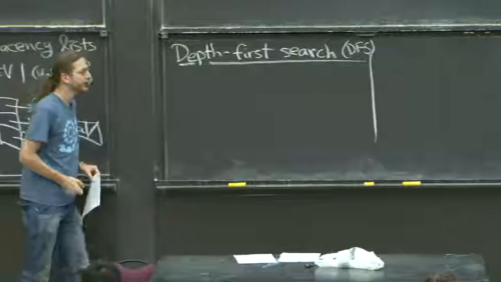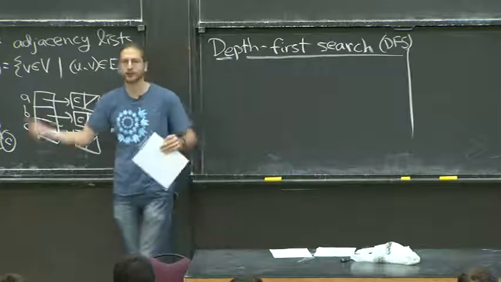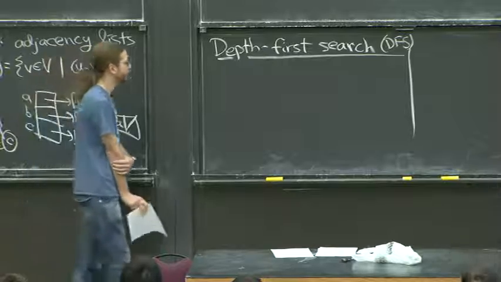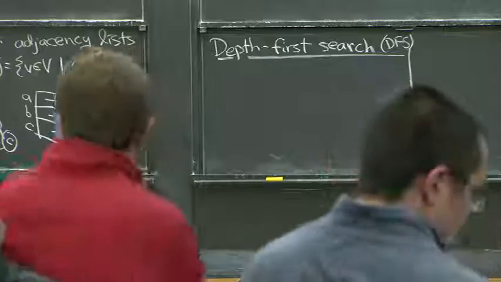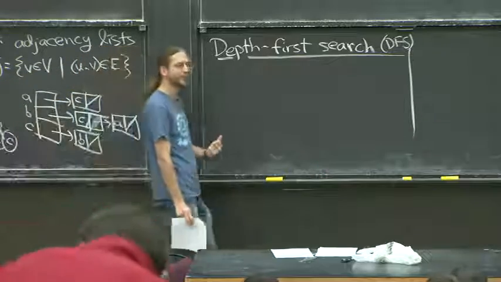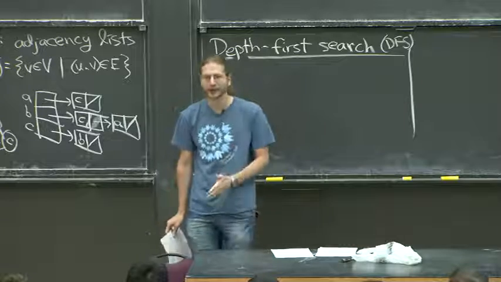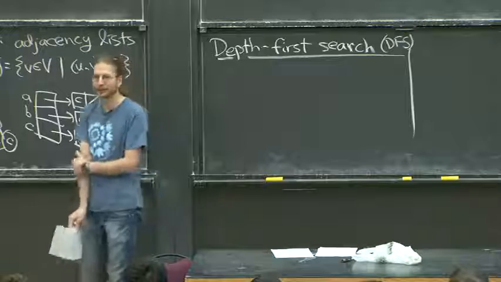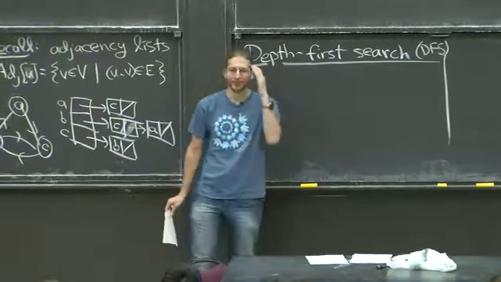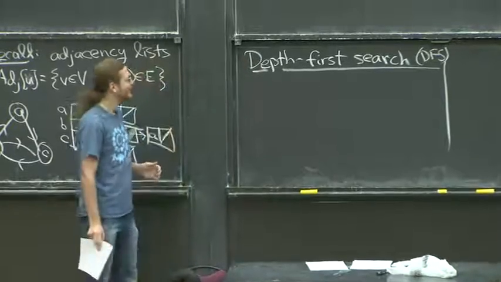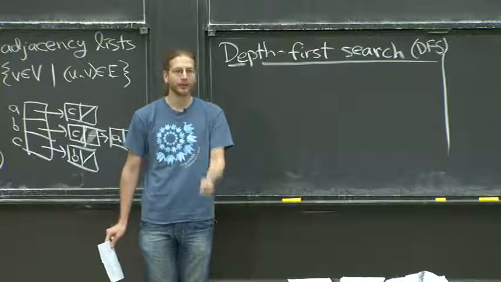So depth first search is kind of like how you solve a maze. Like the other weekend I was at Big Corn Maze in central Massachusetts, and it's easy to get lost in there, in particular because I didn't bring any breadcrumbs. The proper way to solve a maze, if all you can do is see which way to go next and then walk a little bit to the next junction and then keep making decisions, unless you have a really good memory, which I do not, teaching staff can attest to that, then an easy way to do it is to leave breadcrumbs behind and say, this is the last way I went from this node.